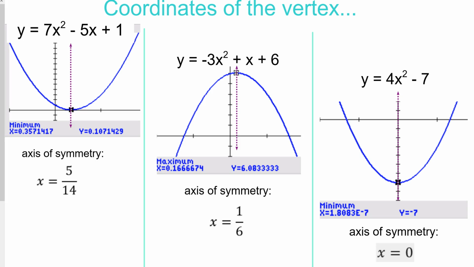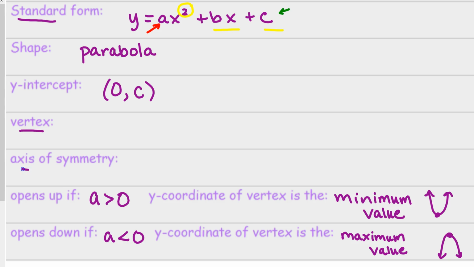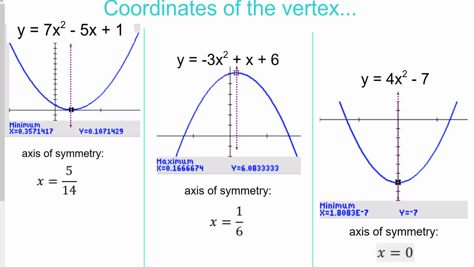Remember, we're going to come back to that vertex and axis of symmetry. So I graphed 3 different parabolas using my calculator, and I pasted their images in here, as you can see. And I also graphed the axis of symmetry. That would be the fold line. So if you were to fold the function on that line, it would match up.